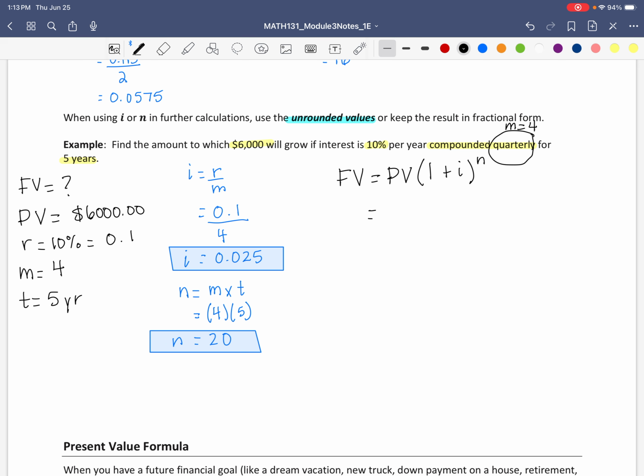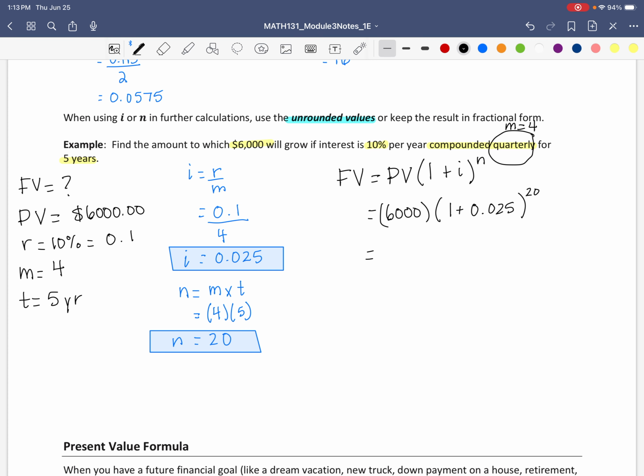So our present value we know is 6,000. And it's going to multiply by everything in this bracket, which is just 1 plus our I value. So again, I looked to see what we calculated. That was 0.025. And that whole bracket is going to be to the exponent of n, which we calculated to be 20.